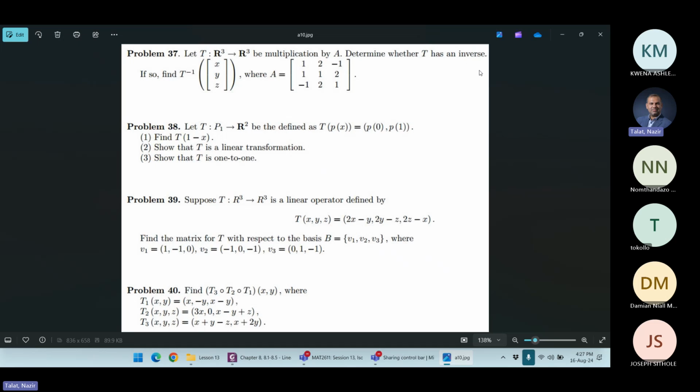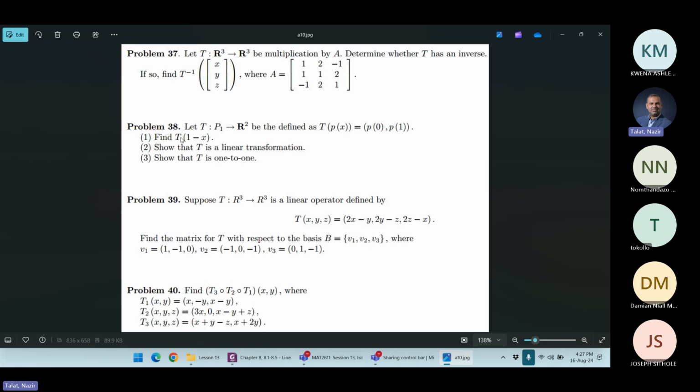In problem number two, T is a linear transformation from P1 to R2. One can see that the dimensions of both are the same, so it means this T is an isomorphism. And T is defined such that T of p(x) equals p(0) and p(1). So p1 means, if you have a polynomial of degree 1, put 1 on that.